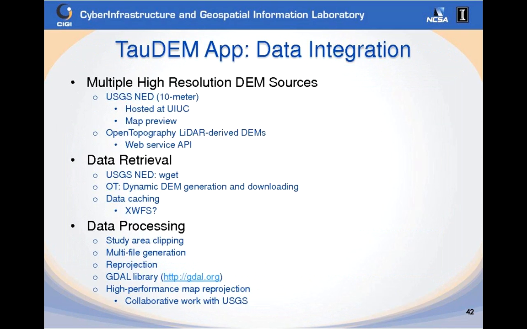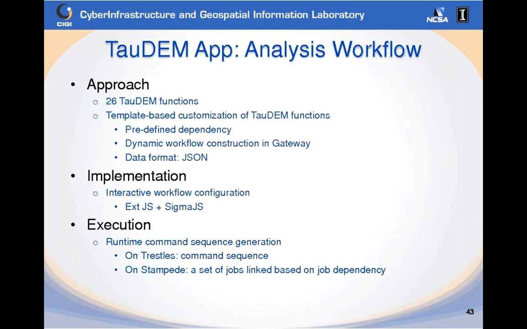For data processing, there are a series of steps we have to do before we feed the data to TauDEM code, including the data clipping, because the user doesn't want to handle the whole data set. He's only interested in the study area. And the map projection, because TauDEM, when it does the calculation, you cannot give a data set with latitude, longitude coordinates.